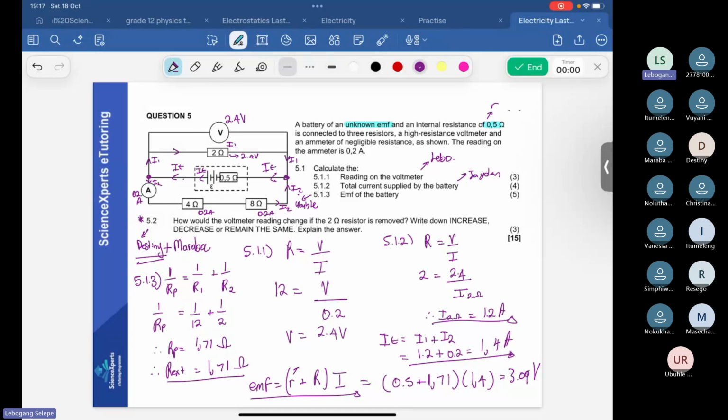So when you remove a resistor in parallel, the total resistance would increase. Did you get that part? Yes. When you remove a resistor in series, the total resistance would decrease.